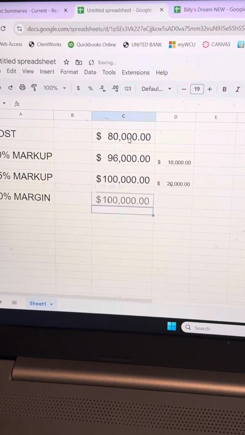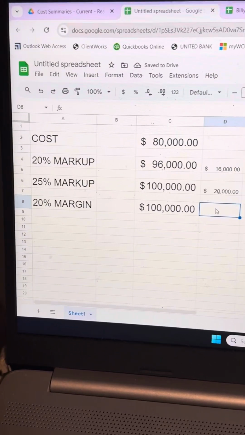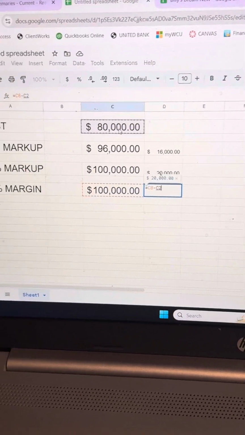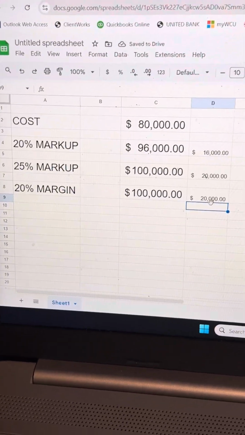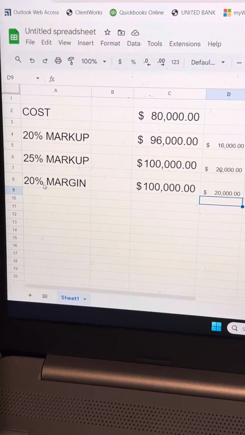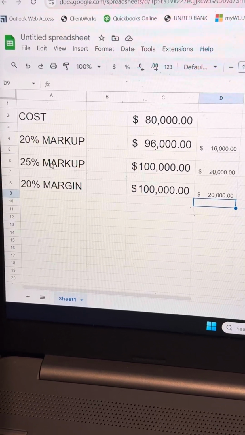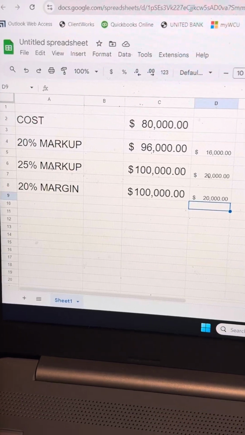And what do we get? 100,000. Once again, a profit of, I'm sorry, a profit of 20,000. So we just realized that if we call it a 20% margin, we get the same outcome as if we did a cost plus 25% markup.